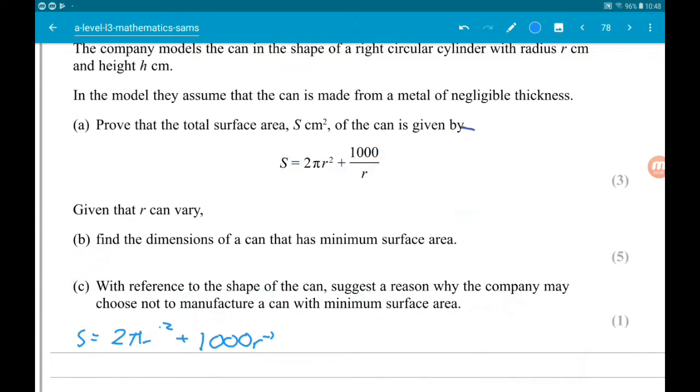And then for part B, given that r can vary, find the dimensions of a can that has minimum surface area. Okay, so when we're thinking about minimums or maximums, we should be thinking about derivatives.